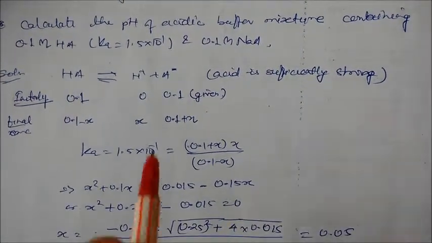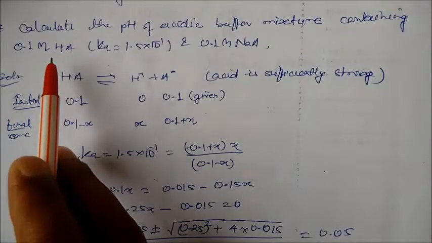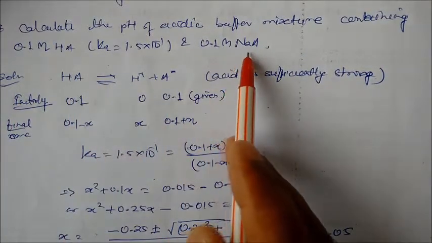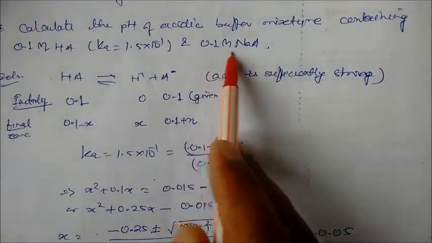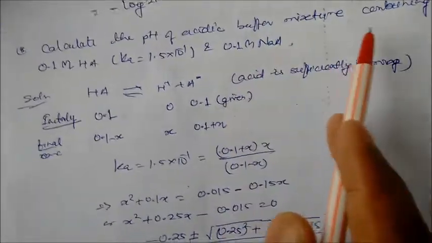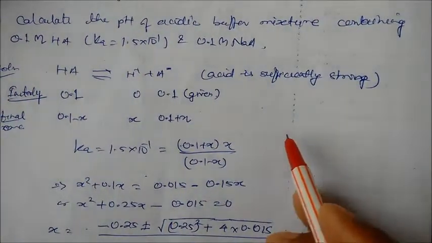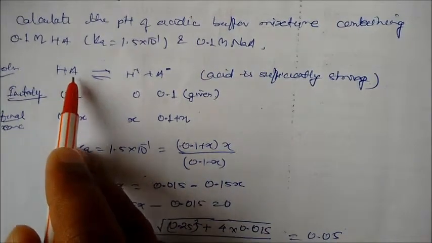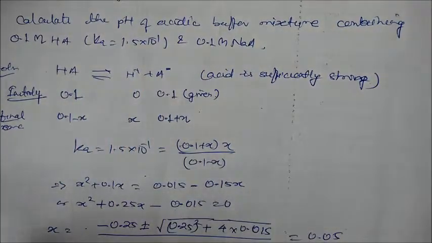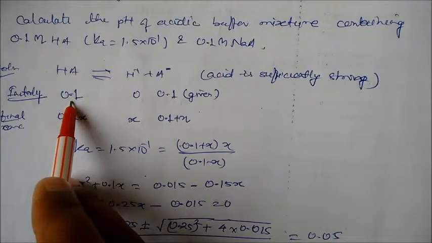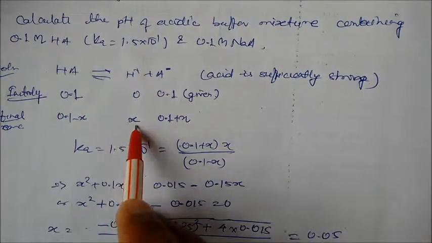Calculate the pH of the acidic buffer mixture containing 0.1 molarity of weak acid and 0.1 molarity of sodium salt of the acid. This is given here, this is the salt, and again the weak acid is given here as 0.1 molarity. So now this is HA, which will dissociate into H plus and A minus. What is the concentration of H plus? H plus will be X, and what will be A minus?